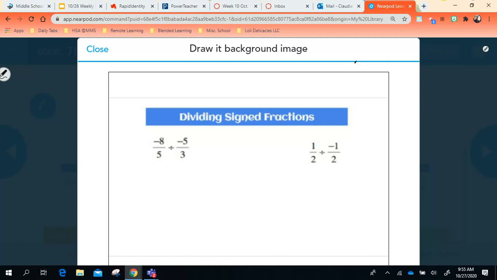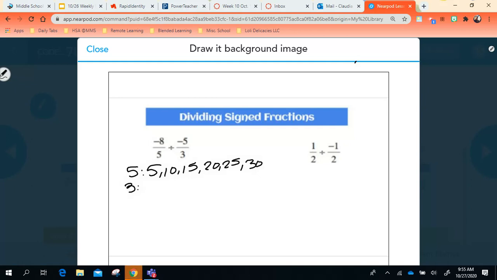First up, common denominator. So I have my 5 and I have my 3. Who can tell me the multiples of 5? Can I stop there? Didn't I say around 4 or 5?